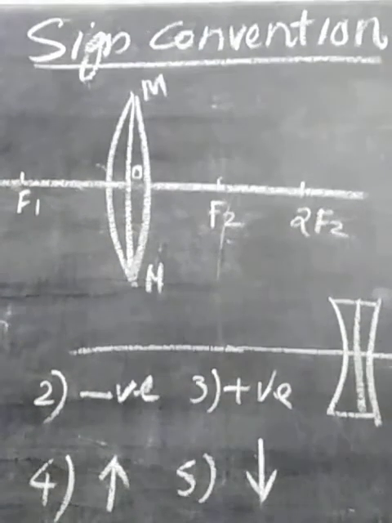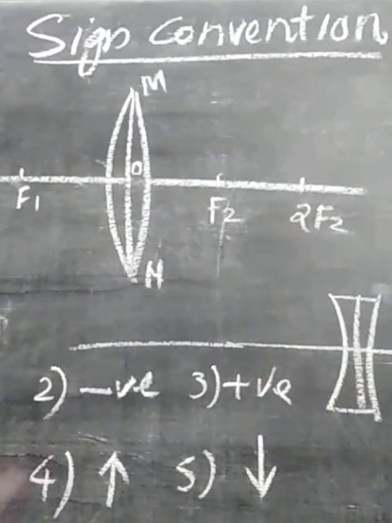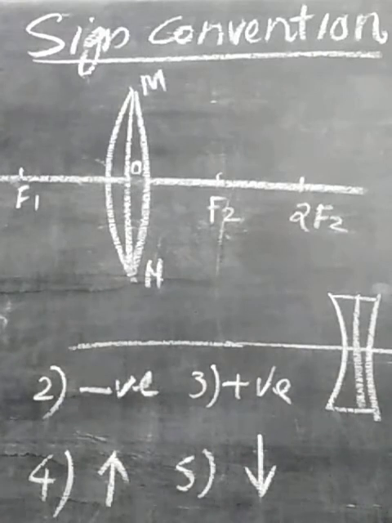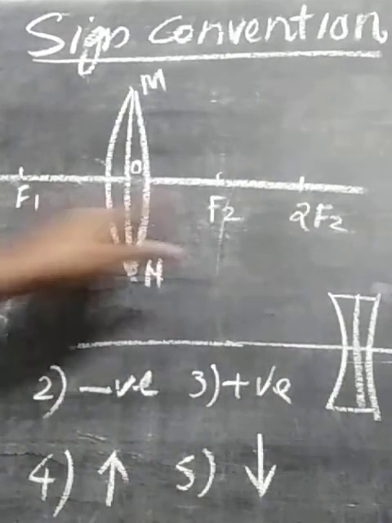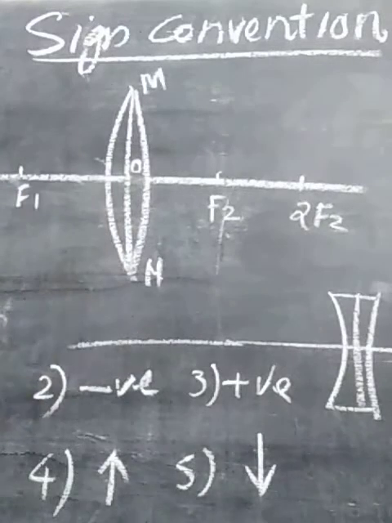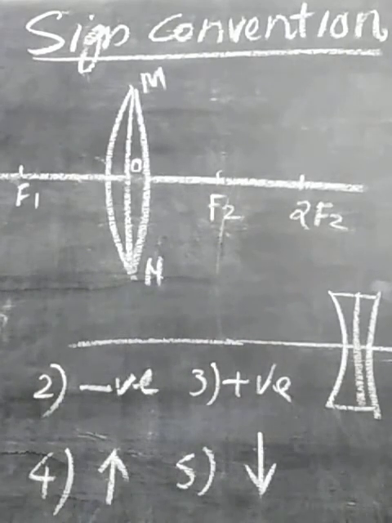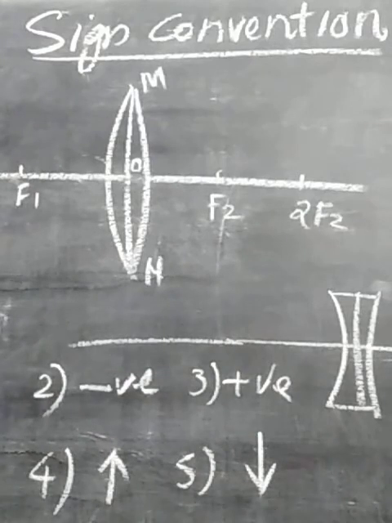These rules help us in measuring different distances in a ray diagram: u, v, h1, h2, focal length f. By knowing these rules, we can easily find the measurements, and we can properly apply the sign for the different terms of the lens. So that is all about sign convention.